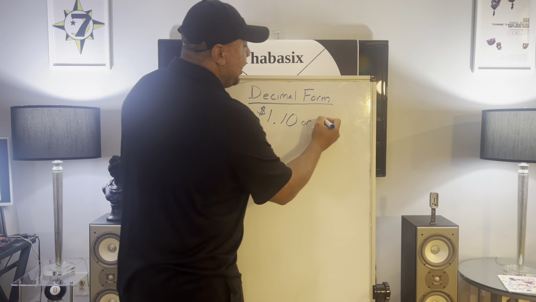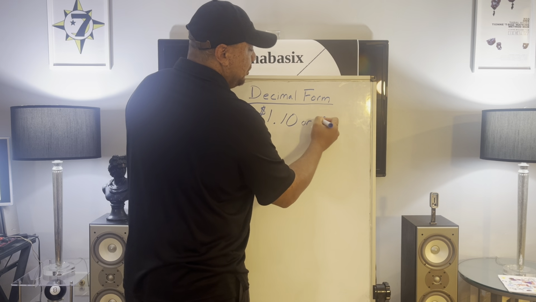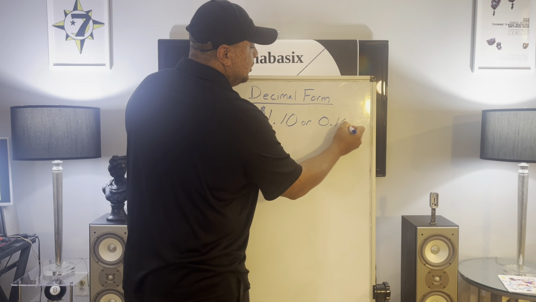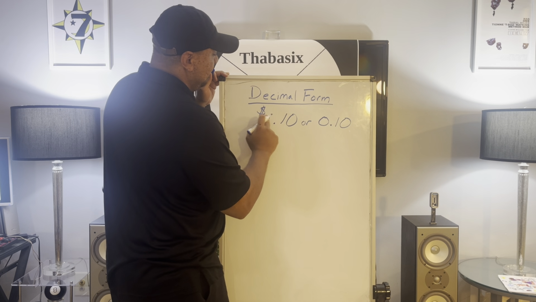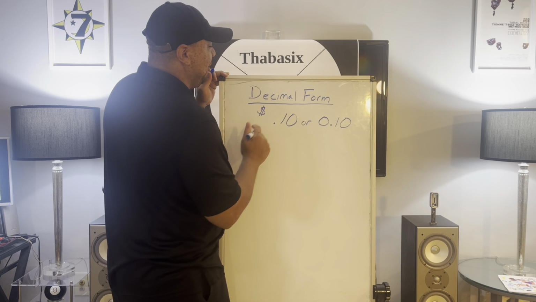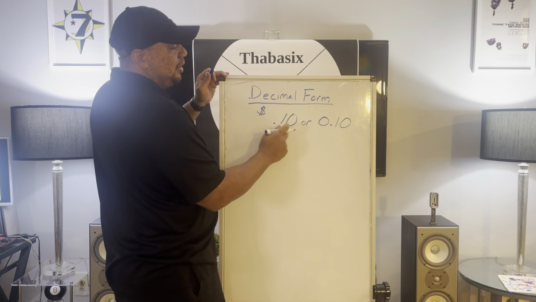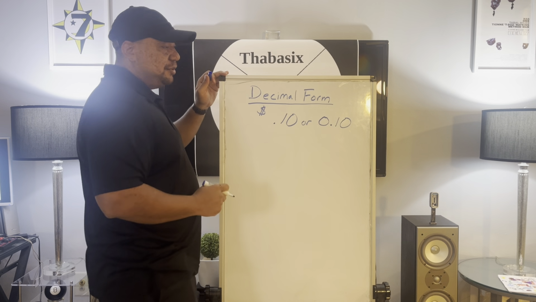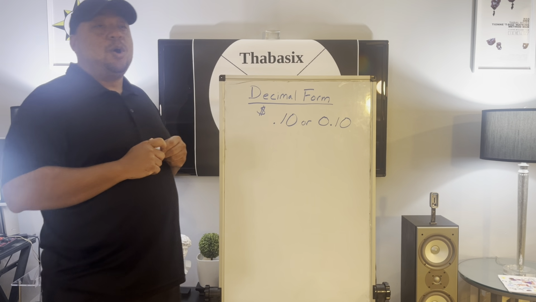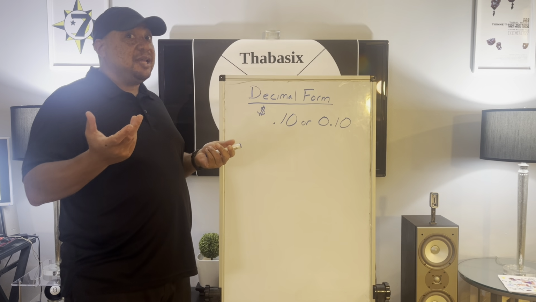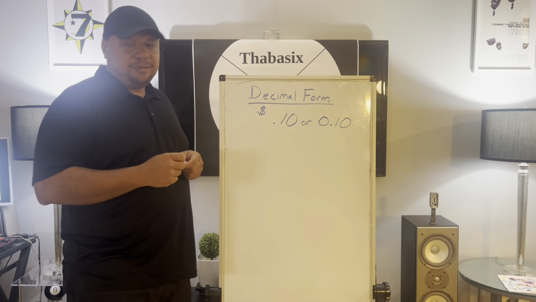Sometimes you see it written as 0 and 10 cents, or just... oh man, I messed up, because that's a different value. But I'll just keep going for now. I can write 10 cents with the 0, or just a decimal point, and the 0 is understood. But when we have a mixed number or an improper fraction or just a plain fraction, how do we convert that into a decimal?